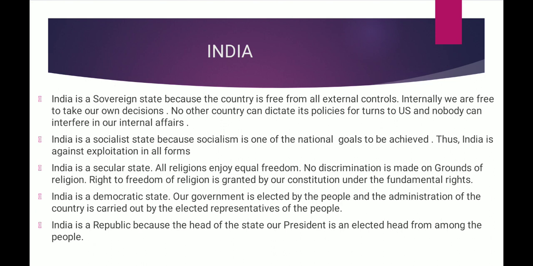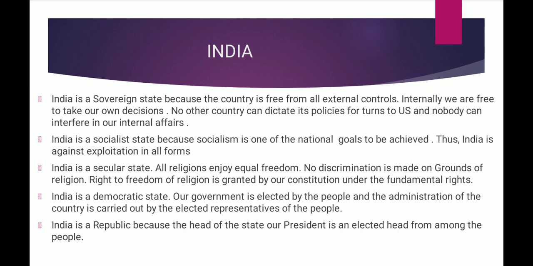India is a republic because the head of the state, the president, is an elected head from amongst the people. Although we do not conduct a direct election for the president, our president is indirectly elected by the MPs and the MLAs.